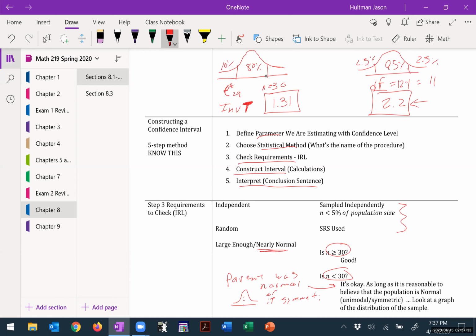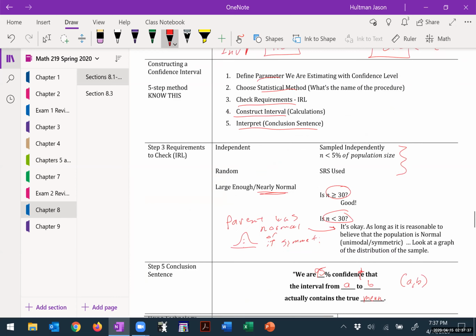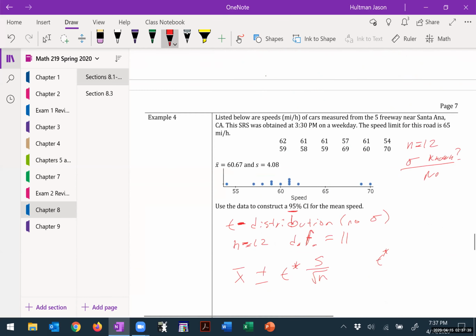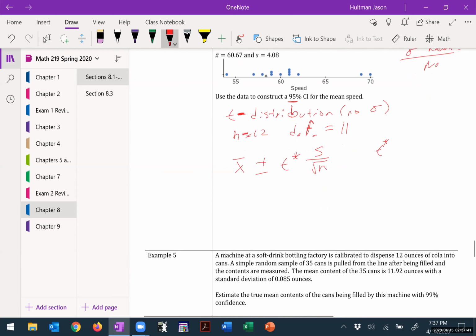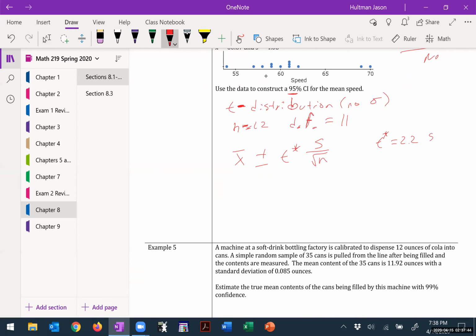Boom. So what's t star? T star is 2.2. That's beautiful. Okay, t star is equal to 2.2. See above, way above.